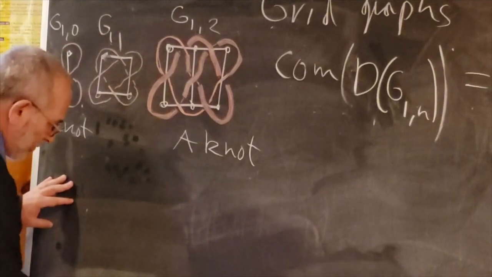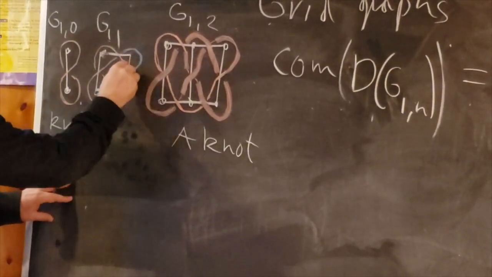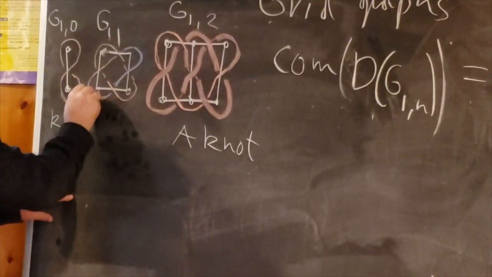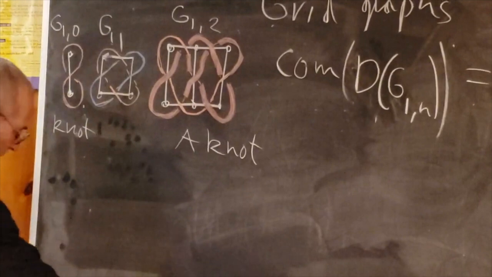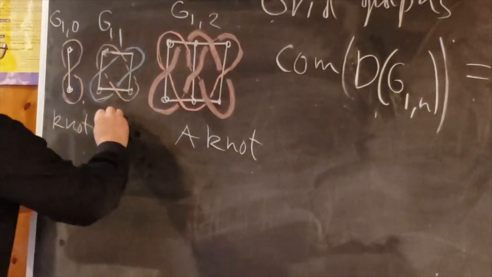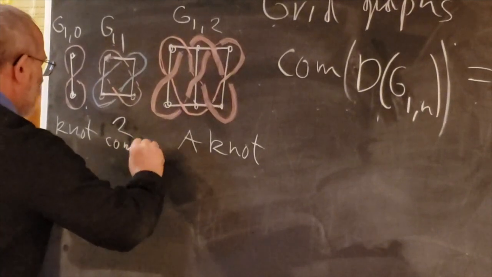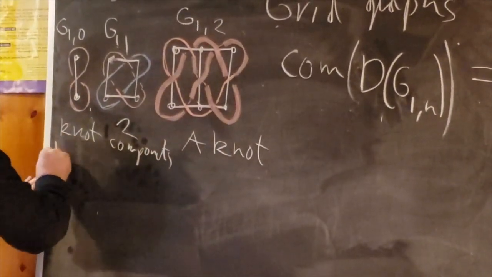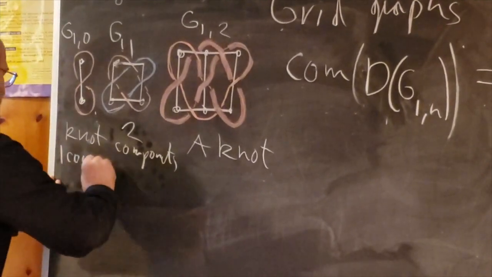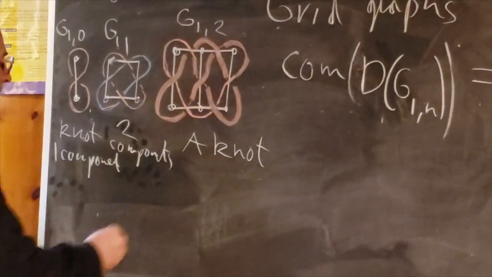And let's stress these two components, so that one of them will be blue. Okay. So a link of two components. For G_1,0 a knot is one component. For G_1,2 it is a knot, one component.